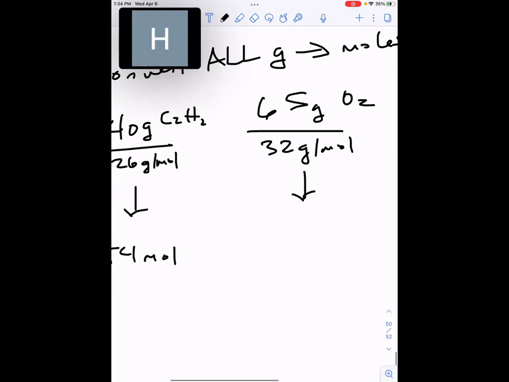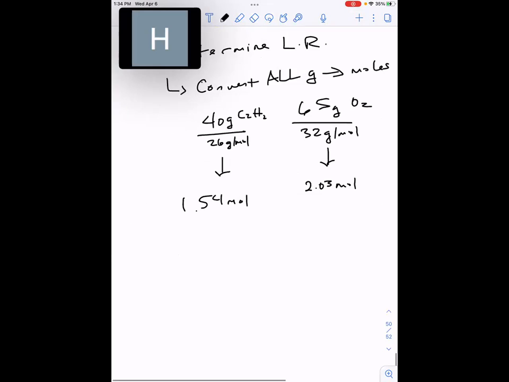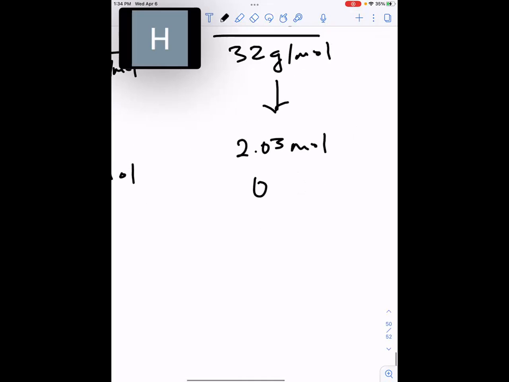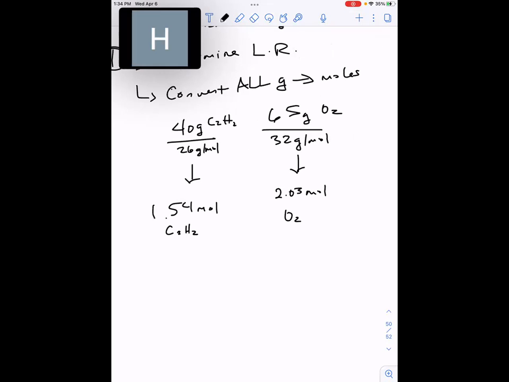And then here is 2.03 moles. All right, so this corresponds to C2H2, and this corresponds to O2.